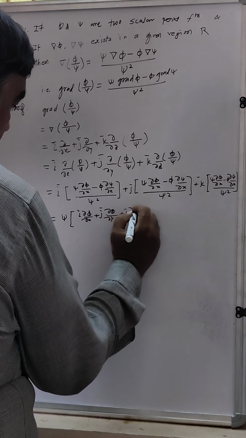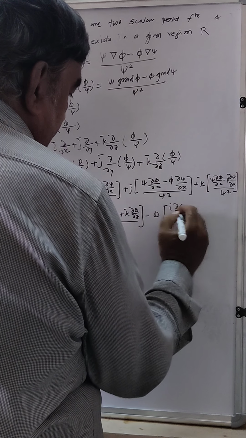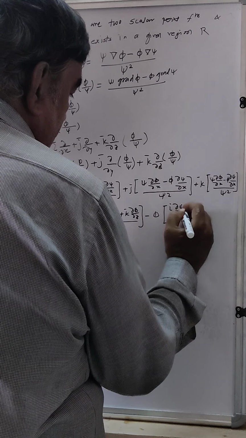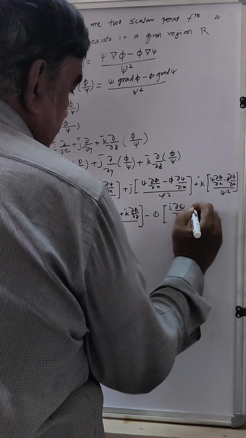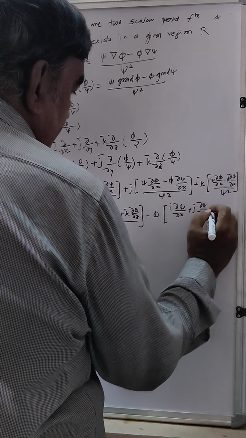minus phi is common to all: i ∂psi/∂x plus j vector ∂psi/∂y plus k vector ∂psi/∂z upon psi square.